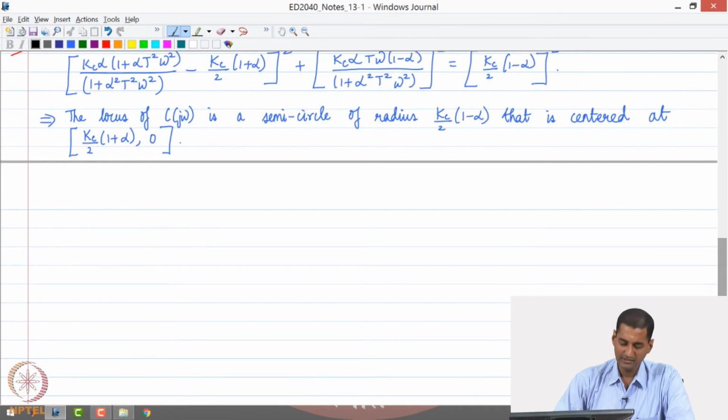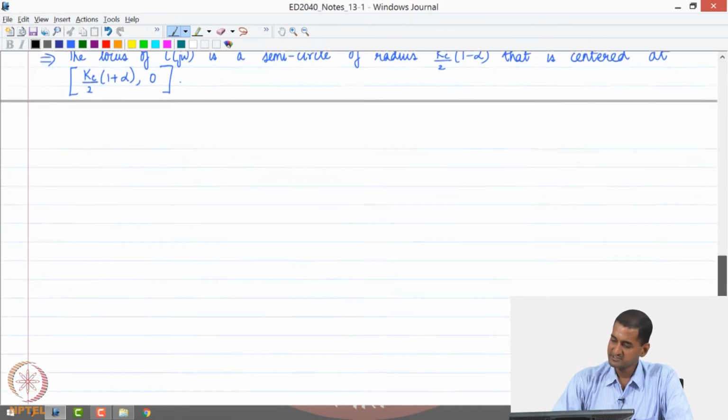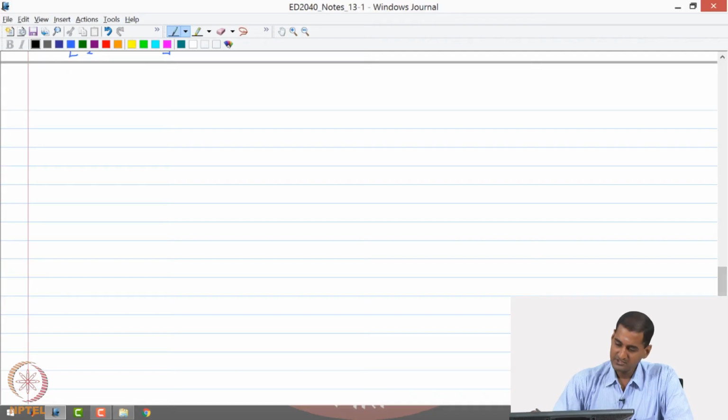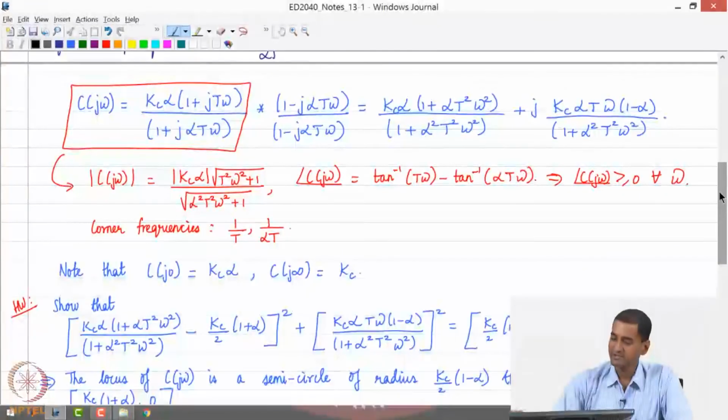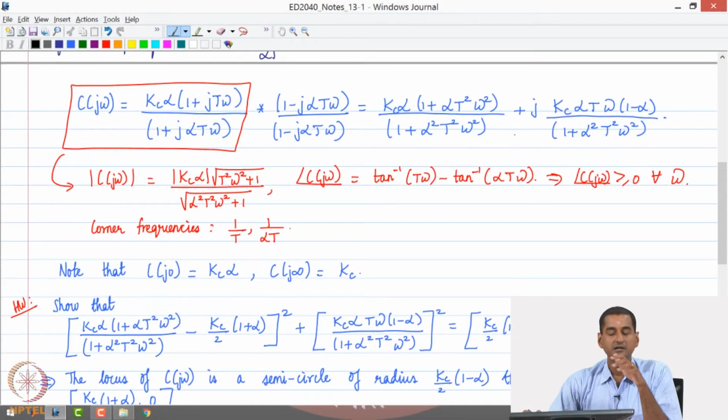So let us plot the Nyquist plot for this particular transfer function. Let me consider the real and the imaginary axis. From the real and imaginary components of C(jω), we can readily observe that for all ω between 0 and infinity, the real part is always going to be positive and the imaginary part is also going to be positive, except at the limiting values of 0 and infinity.